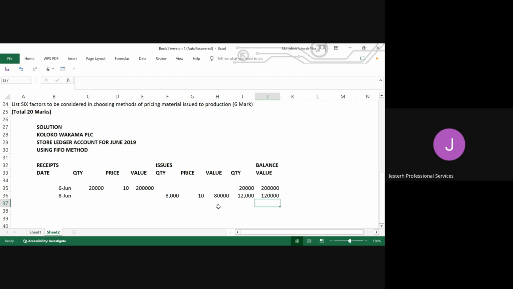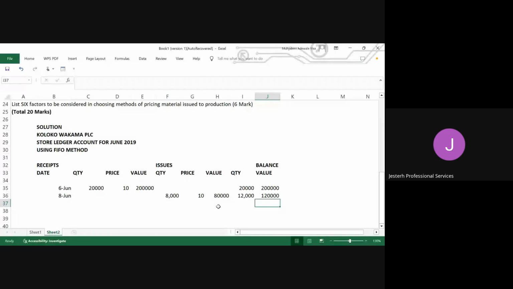You have 20,000 products in your shop, and you issue out 8,000. If you minus 8,000 from 20,000, how many is going to remain? It's going to remain 12,000 units.